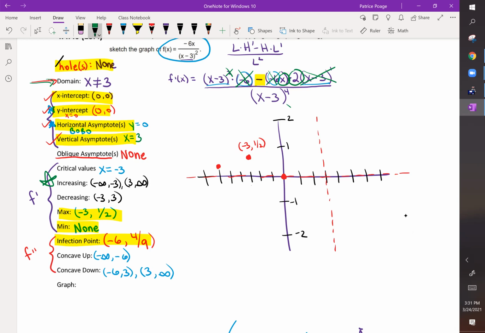So corresponding to my graph, I'm just going to put a little dotted line here. I'm going to make myself sketch marks down here. I'm increasing till -3, and then I'm increasing again from 3 on to infinity. Then it's decreasing between -3 and 3. So I'm just making myself sketch marks at the bottom. I'll put it together in a second.